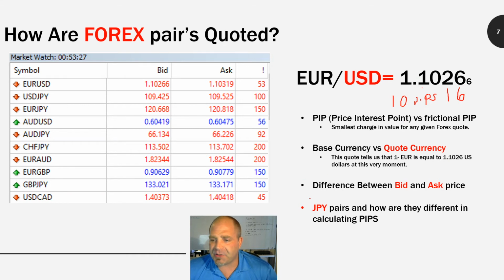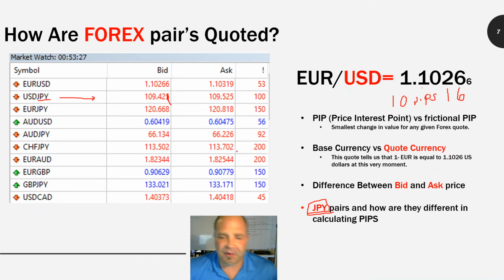Now, I want to make sure I explain this. JPY pairs are different. You can see up here, USD JPY. See how they're only giving us 3 instead of these 5? Well, this one's a fractional pip. We don't care. So on the second decimal point, every tick here is a pip. So just on JPY pairs only, understand it's the second decimal point.